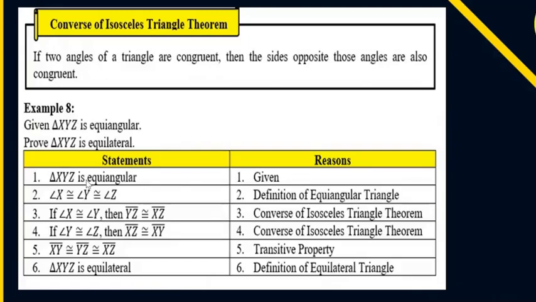If angle Y is congruent to angle Z, then segment XZ is congruent to segment XY, by the converse of the isosceles triangle theorem. Segment XY is congruent to segment YZ and congruent to XZ, by the transitive property. And then we have proved that triangle XYZ is equilateral by the definition of equilateral triangle.